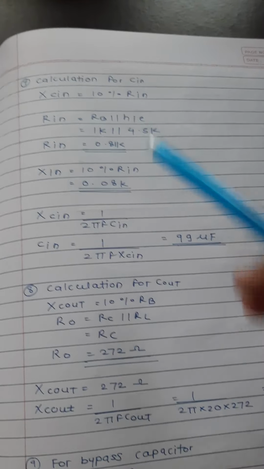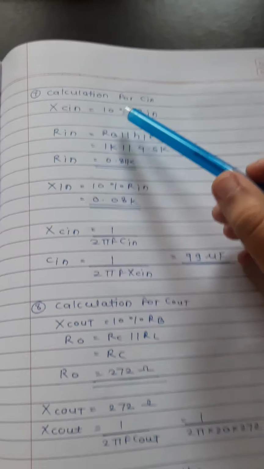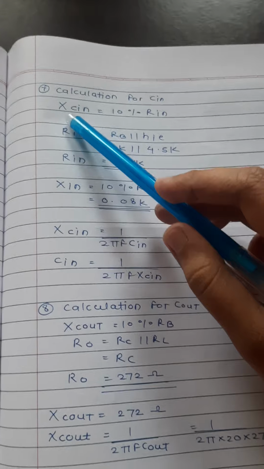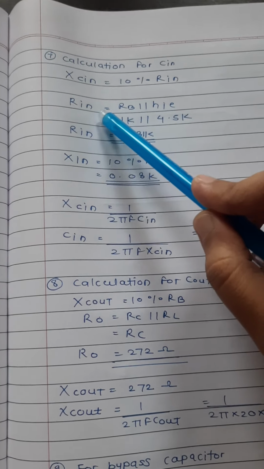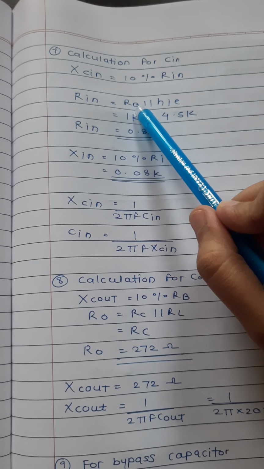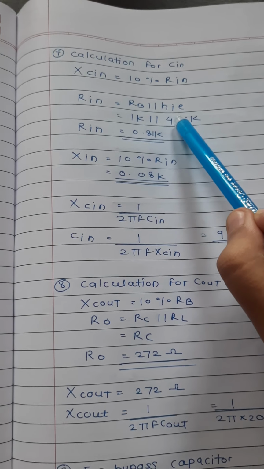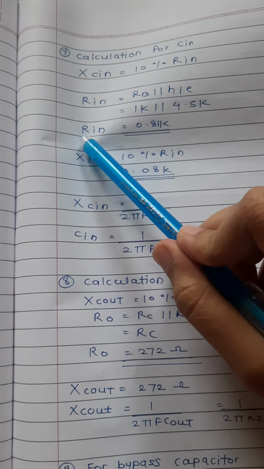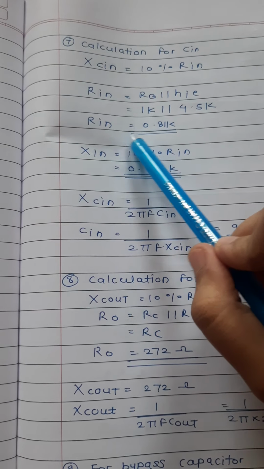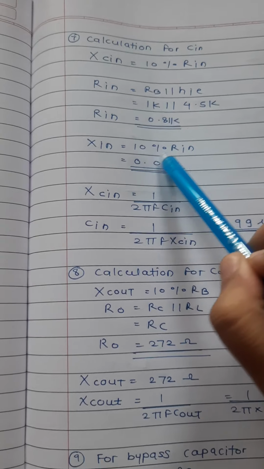Coming to the next parameter, Cin. For Cin, we have Xcin equal to 10% of Rin. Rin can be calculated as RB in parallel with hie. We have both the values, so we get Rin as 0.81 kilo.